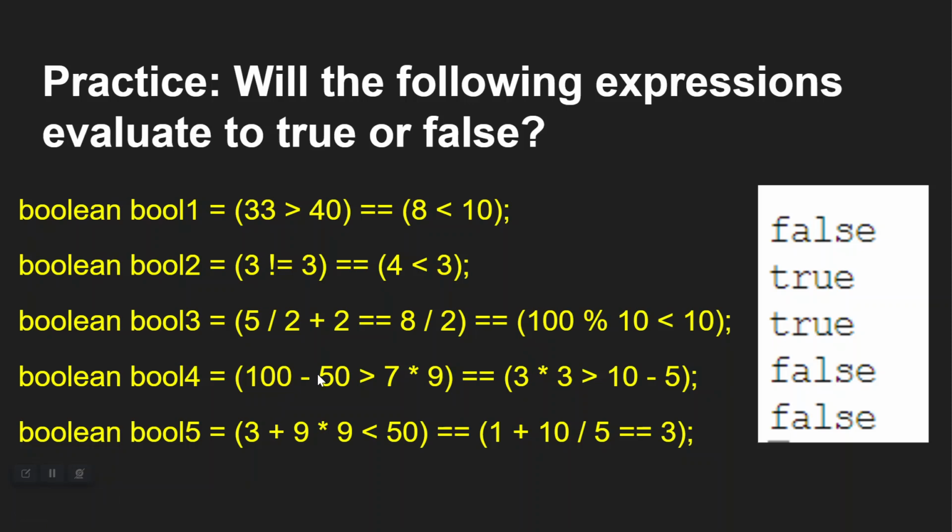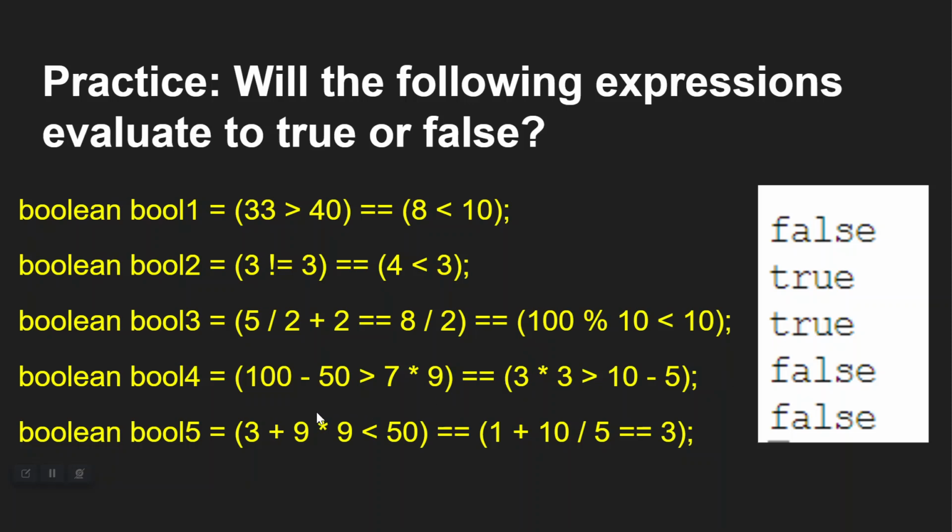So wait a second, what's going on here with Boolean number 4? It says it evaluates to false. Am I missing something here? 100 minus 50 is 50. 50 is greater than, 7 times 9 is 63. I'm doing the wrong mental math here. All right, so that's going to be false is equal to true, so that's why it evaluates to false.